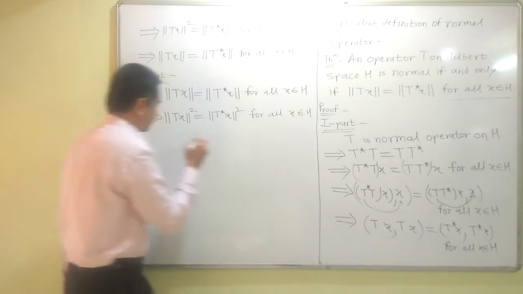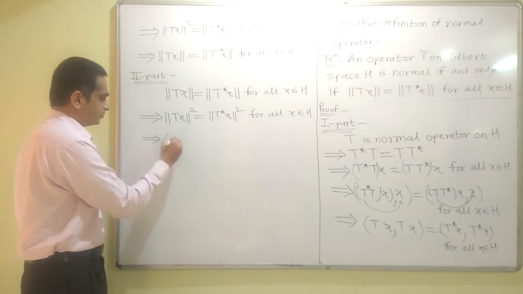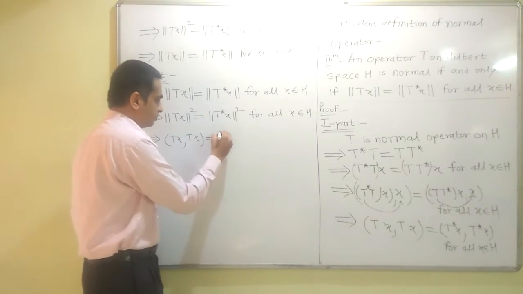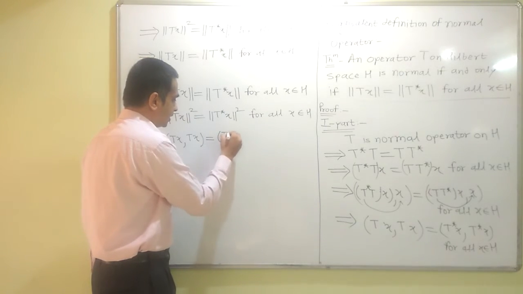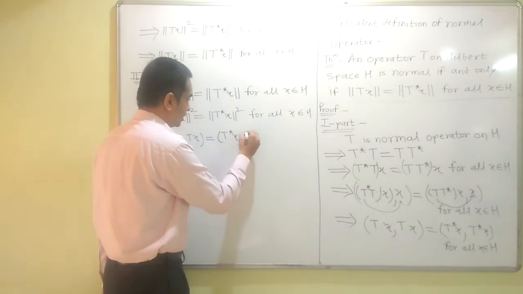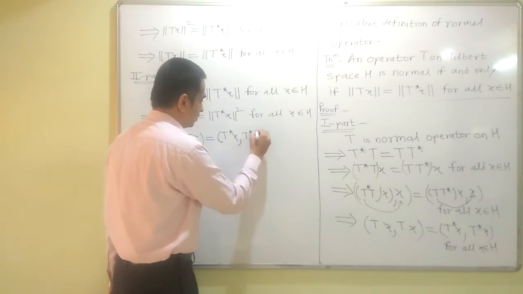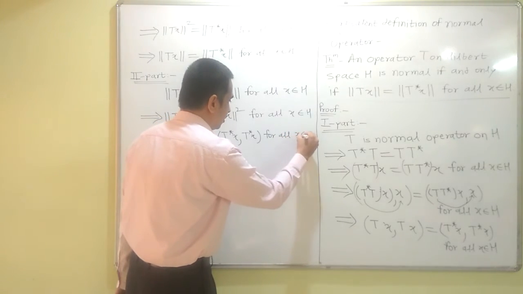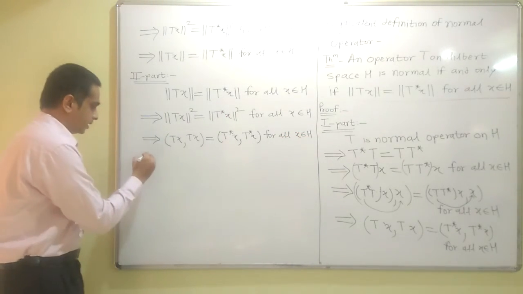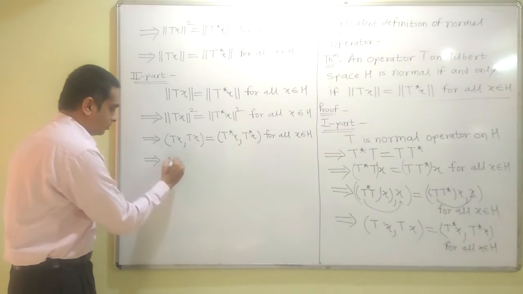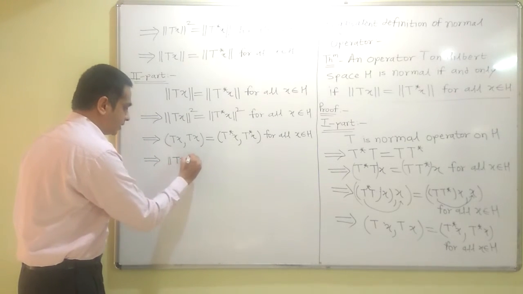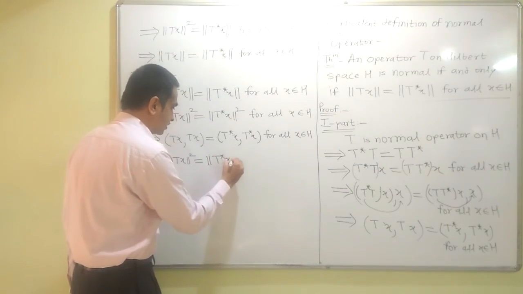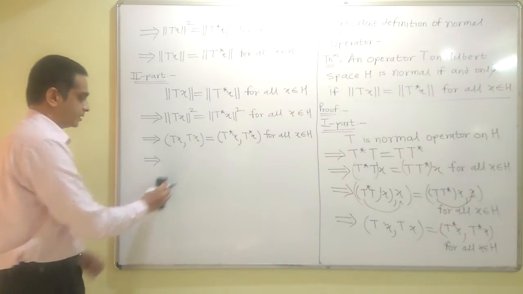This implies that inner product of Tx and Tx is equal to inner product of T star x and T star x for all x belongs to H. Sorry, I am repeating the steps.